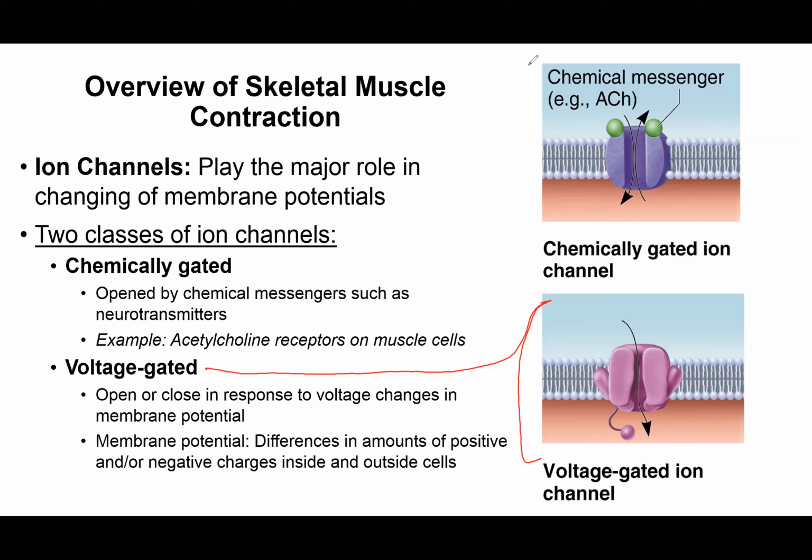Okay, and so for example, say outside of the cell, we have 4 positive charges. And then let's say inside of the cell, we have 2 negative charges. Because there are different amounts of positive and negative charges inside and outside of the cell, this creates basically a difference.